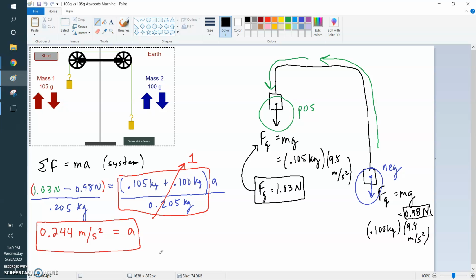Is that right? Let me double check that. 0.105 times 9.8. Yeah, I was rounding off a tiny bit. It was 1.029. So in any case, 0.24 versus 0.244. If you divide those two numbers, you get 0.98. So we're within 2% of the actual value.